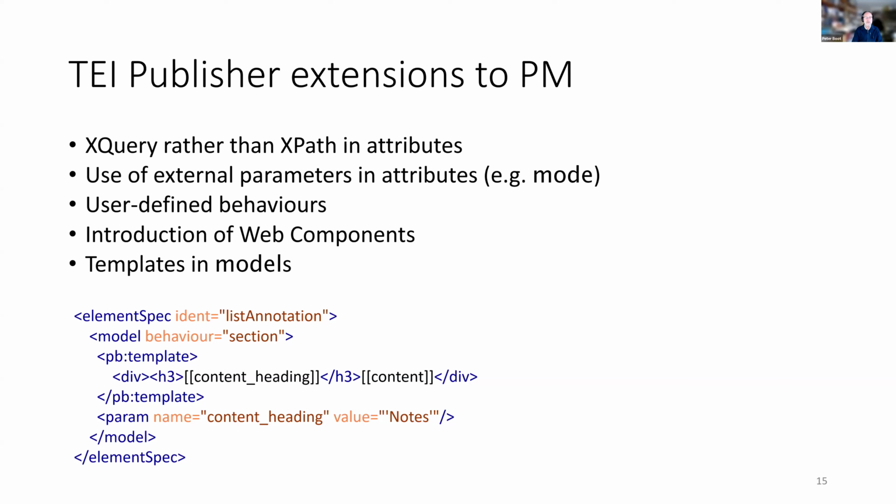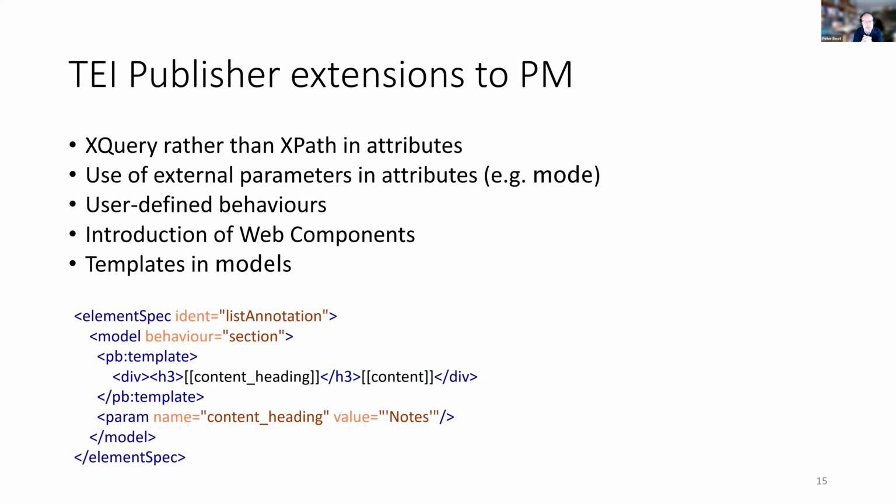It allows the use of external parameters in these XPath attributes, for instance, mode. So that makes it possible to make decisions based on the execution context rather than just on the XML environment of an element. It introduces user-defined behaviors.